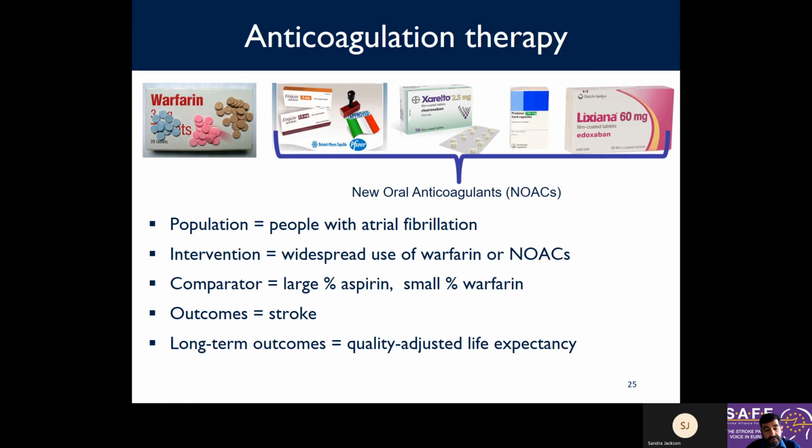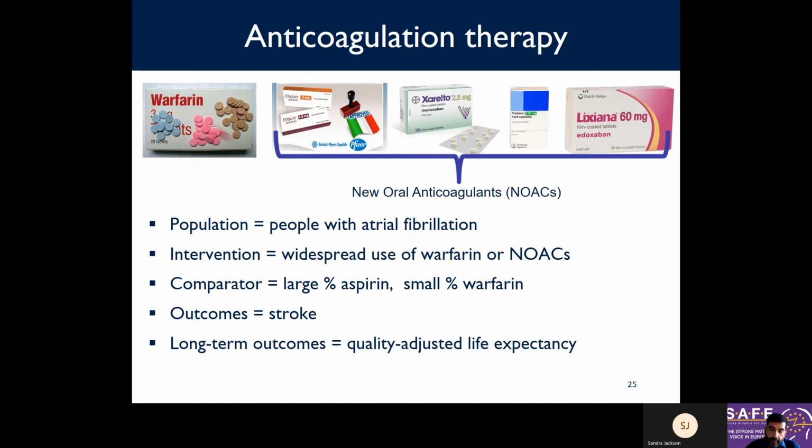So doctors might have seen warfarin as too invasive for an older, frailer population. So our previous evidence found that large swathes of the population with a known atrial fibrillation were still being treated with aspirin only, and a small proportion, tending to be younger patients with AF, were treated with warfarin.